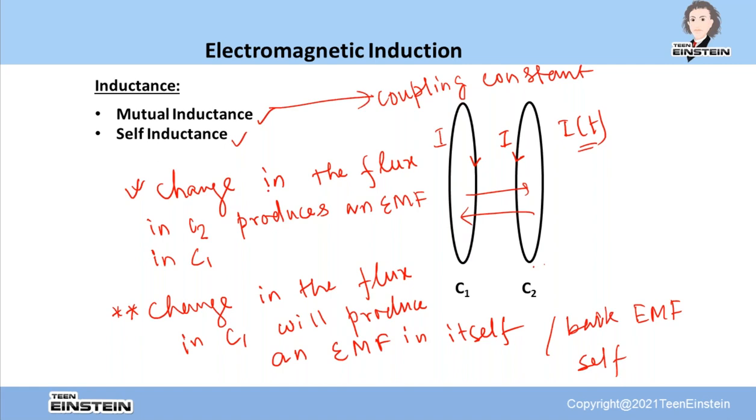And when the same coil is producing an induced EMF in itself due to the change in the flux in it, that phenomenon is happening for itself, so it is called self inductance. The coupling constant is called self inductance, and the phenomenon is called self induction.